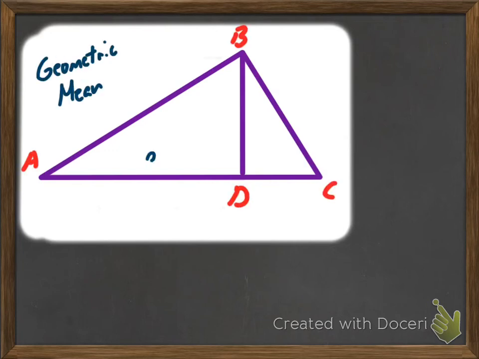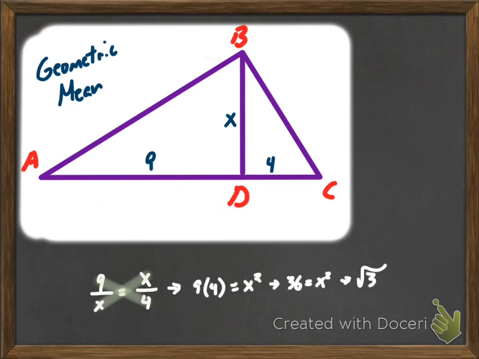If I have this triangle ABC again, with this altitude drawn to D, what this is really showing us is the geometric mean. So if I multiply two numbers together and take their square root, I get this altitude of the triangle. So what I would do is just say it's 9 over x equals x over 4, right?